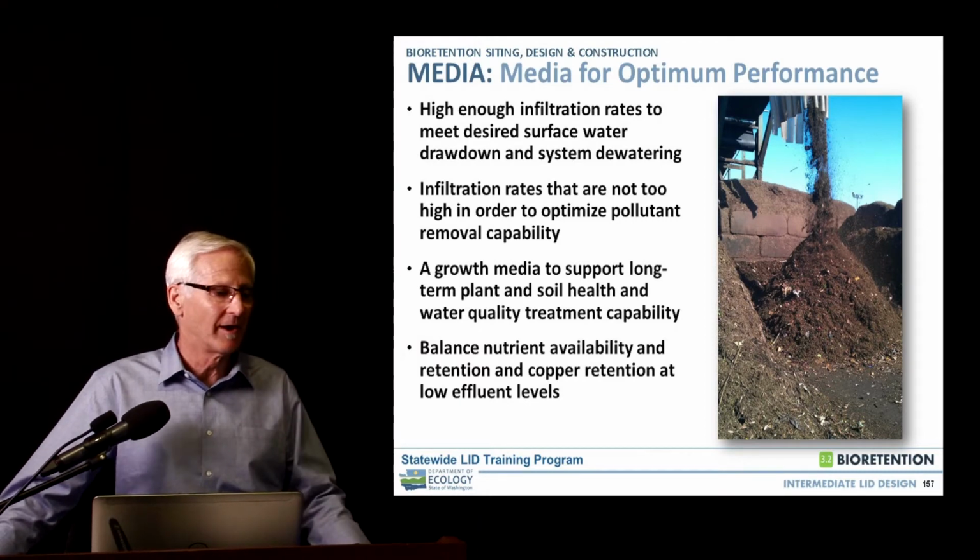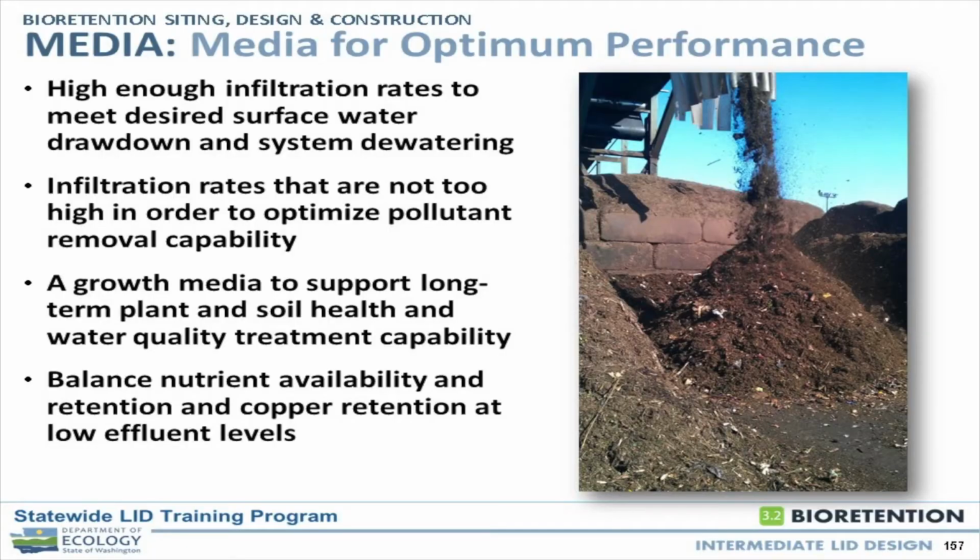For example, industrial stormwater permit, industrial permittees are looking at 14 parts per billion of copper for their benchmark. To do that consistently, that's challenging. And so how do you balance the needs of the plants for nutrients and the media that you might be using, but have these low effluent levels? And that's very challenging. So these are the big picture items.